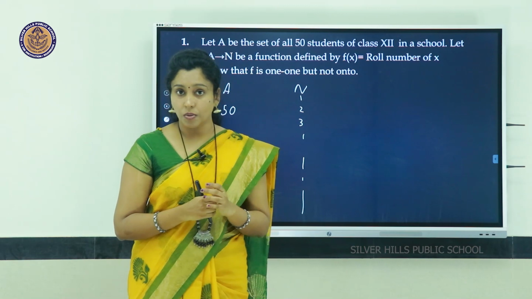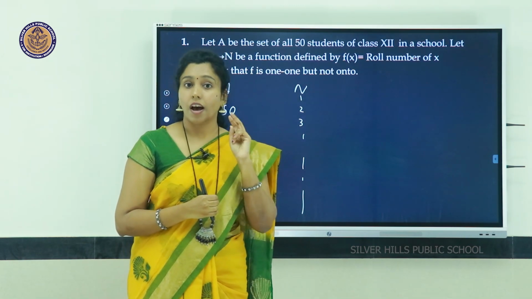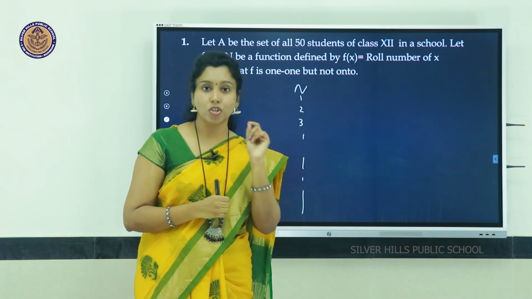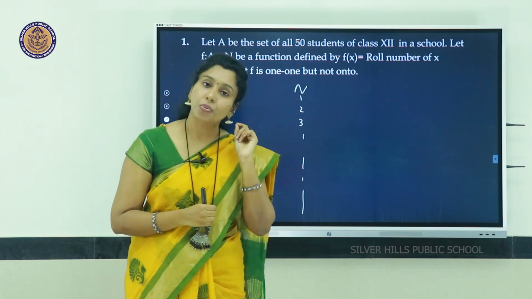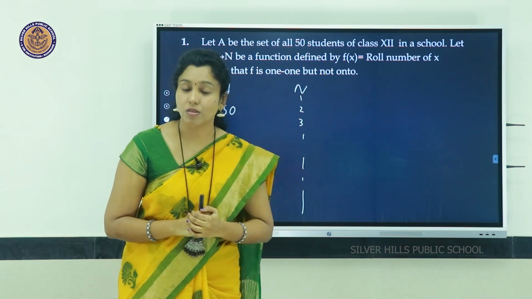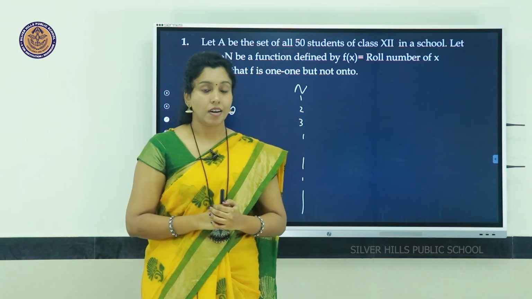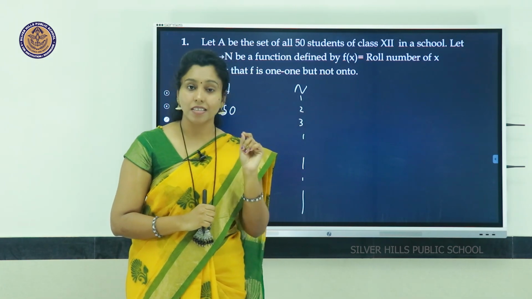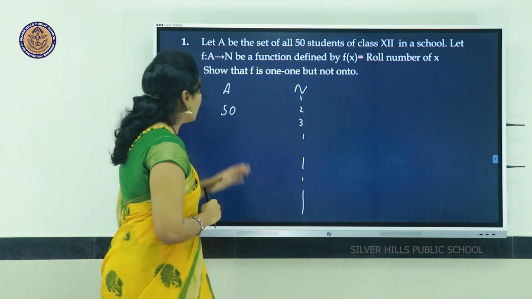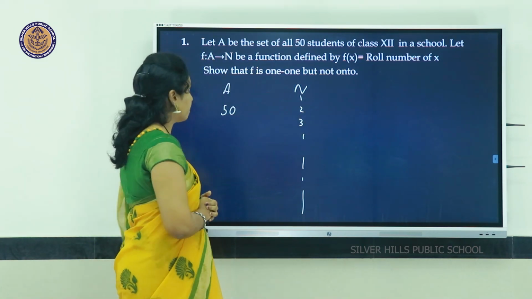If I take a student, will that student have 2 roll numbers? No, that is not possible. So each student will have a unique roll number. So I can conclude the given function is 1-1. That is, every student has a unique roll number, not 2 different roll numbers.